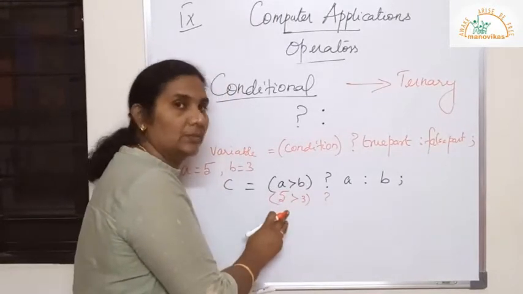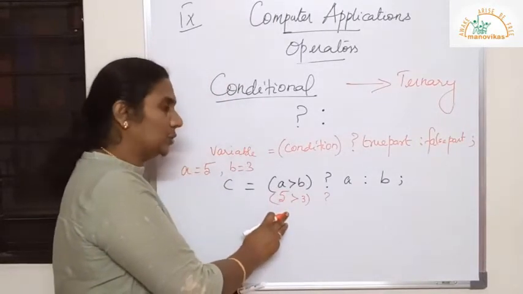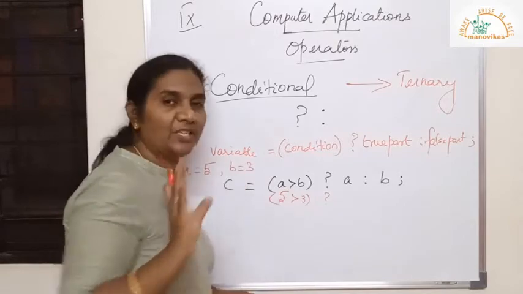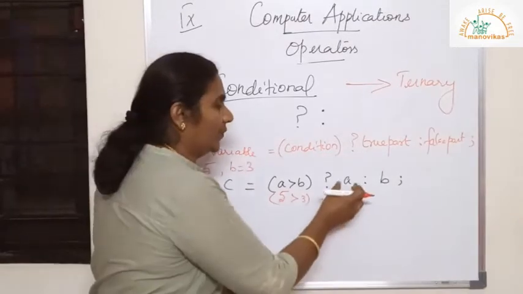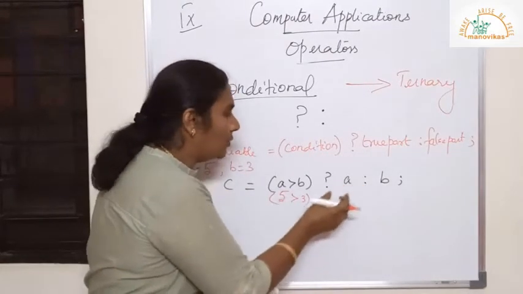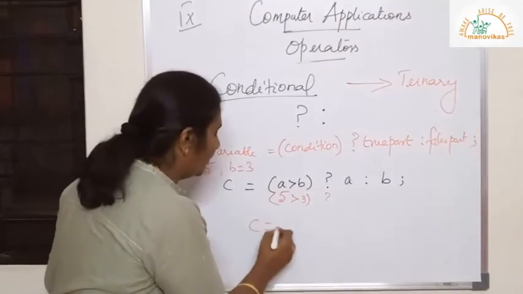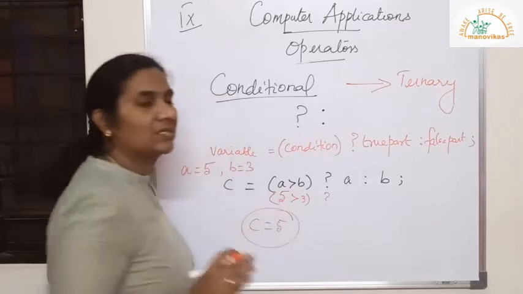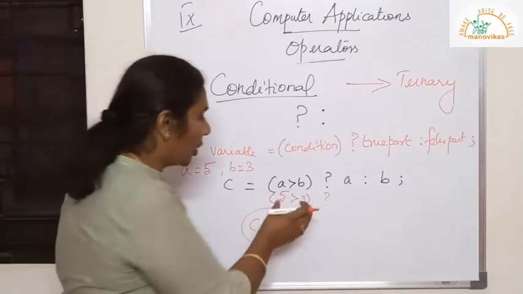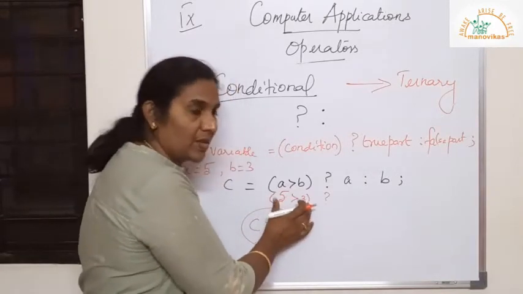Is it true? Yes, this is true. So which part of the code gets executed? This part. So the value of A will be assigned to C. So C will have the value 5. This is the output, because this condition is true.